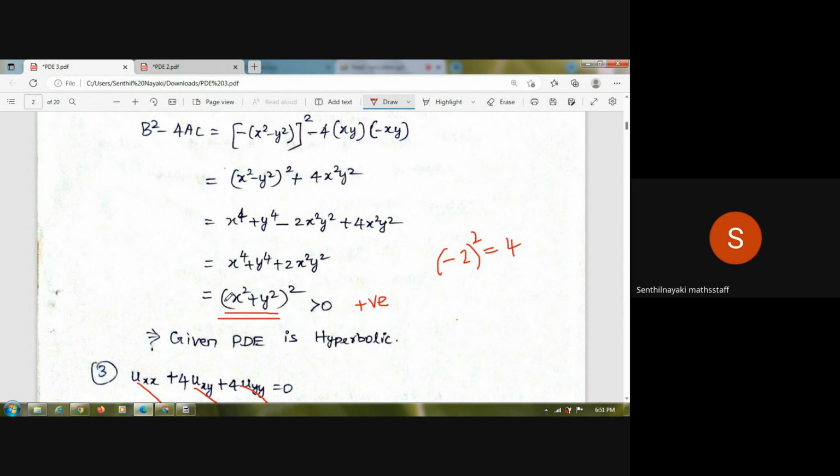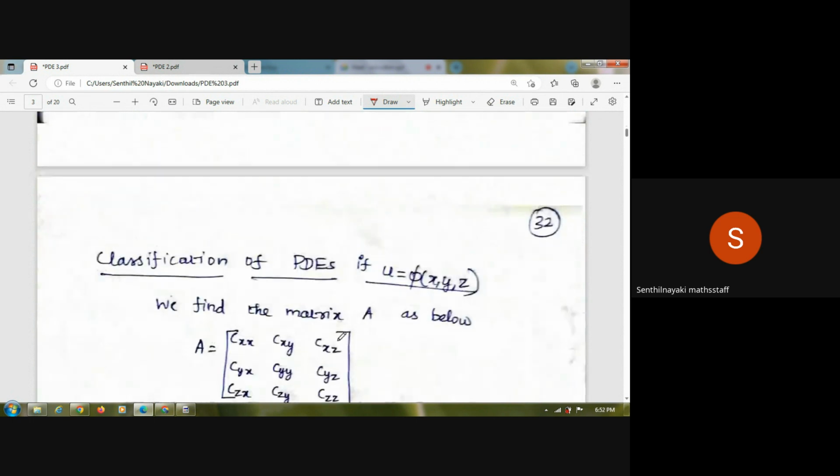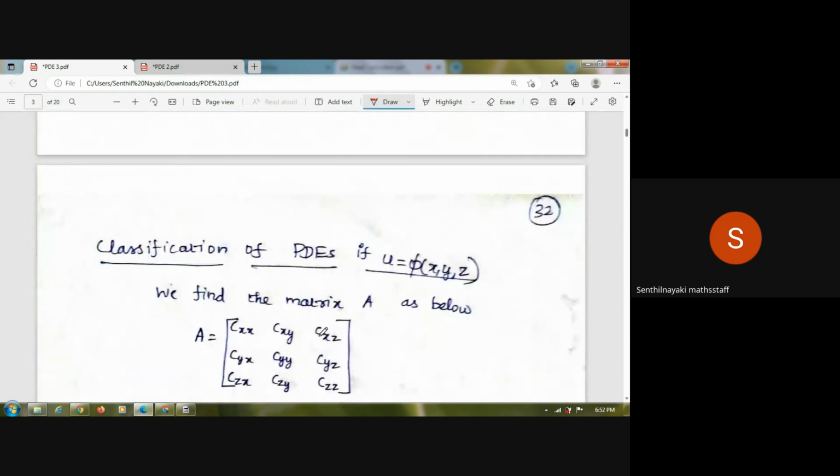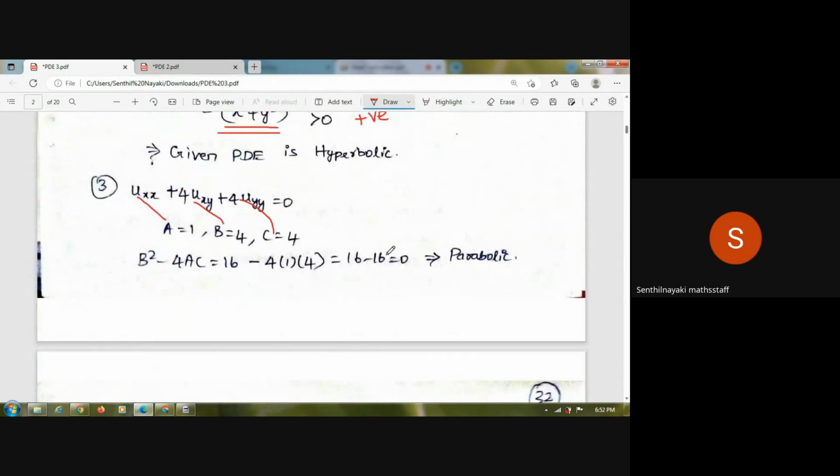So you have to think in all those aspects. So here we can say 200% this value is positive alone, therefore the given PDE is hyperbolic. This is true only for real numbers. Next one is equal to 0. This is an example for parabolic PDE, therefore the given PDE is parabolic.